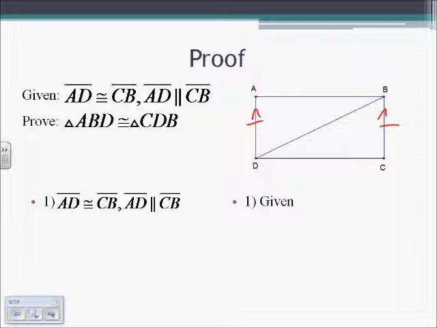And we need to work with the figure in our given to prove that the triangles ABD and CDB are congruent. Things that we can note right away. We do know that BD is shared in both the triangles, so therefore by the reflexive property BD is congruent to itself, so that takes care of two of the sides.